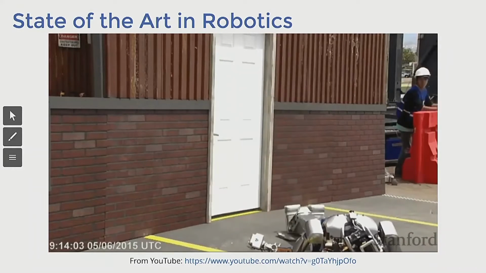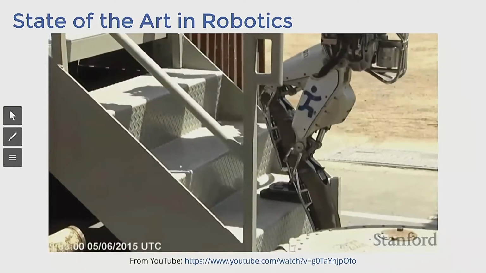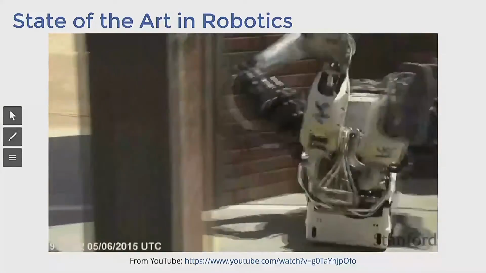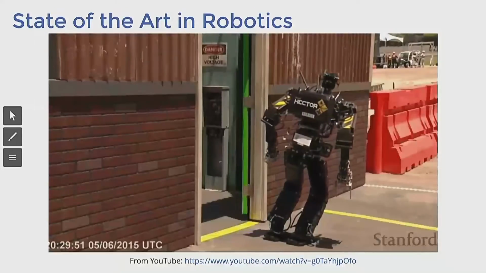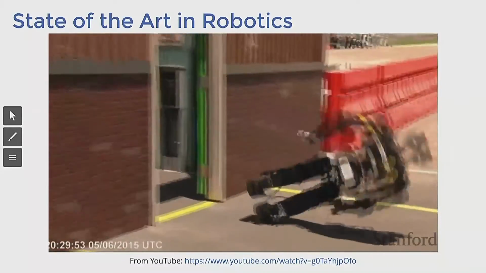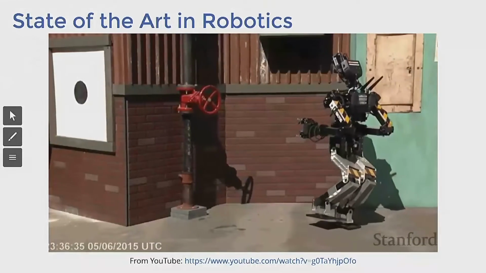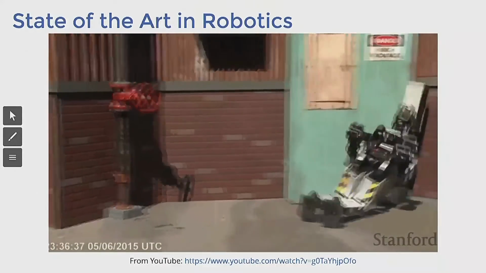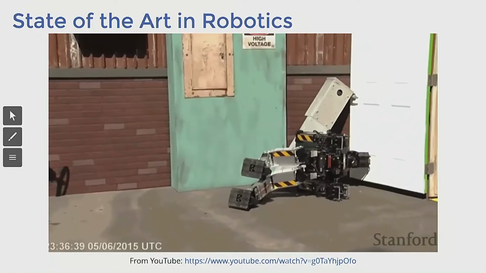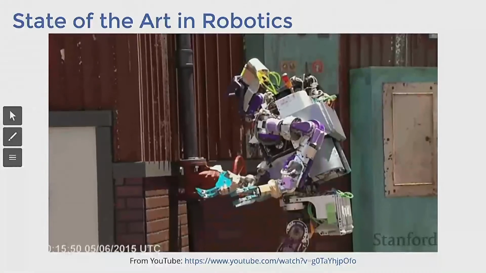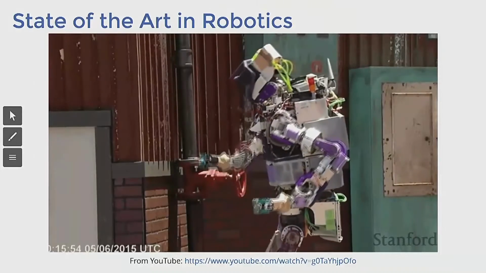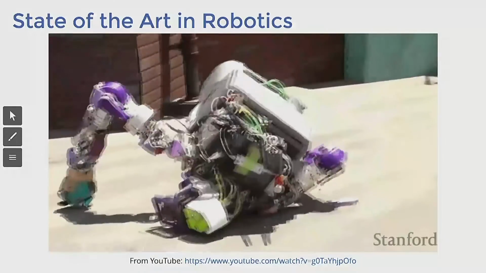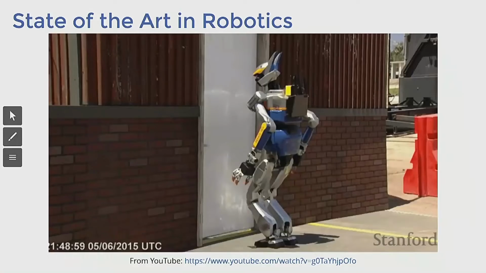The type of failure modes that we can observe in these very sophisticated robots are failures that we would never associate with the word intelligence. It's not the type of failure that we would associate even with kids. My 3-year-old will never fail like this, in a way that, for a human, is stupid.